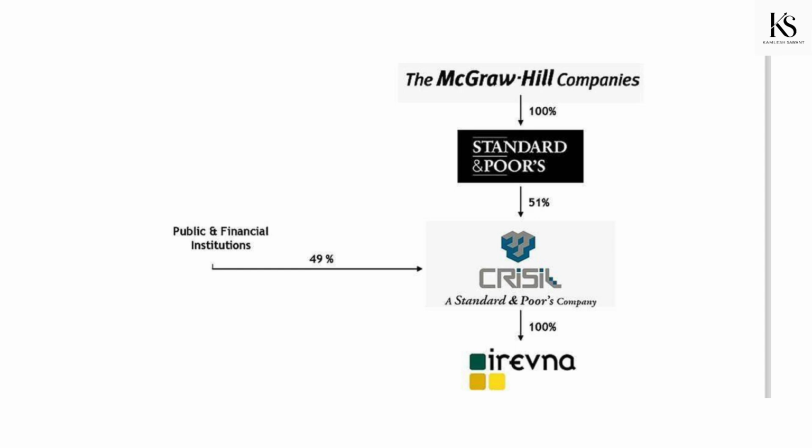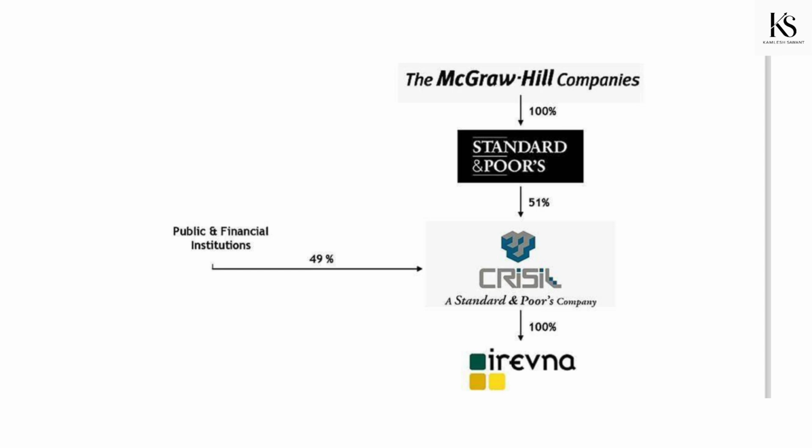However, S&P itself is a 100% subsidiary of another company called the McGraw-Hill Companies. This means McGraw-Hill fully owns S&P and S&P owns 51% of CRISIL. Further, CRISIL itself fully owns another company called Irevna.